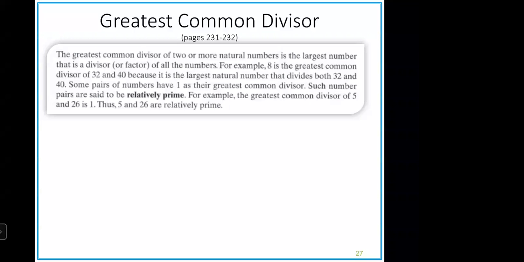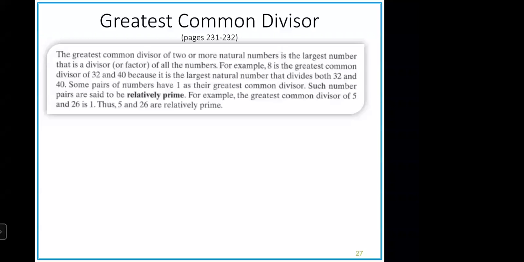For example, 8 is the greatest common divisor of 32 and 40 because it is the largest number that divides 32 and 40. Some pairs of numbers have 1 as their greatest common divisor. Such number pairs are said to be relatively prime.